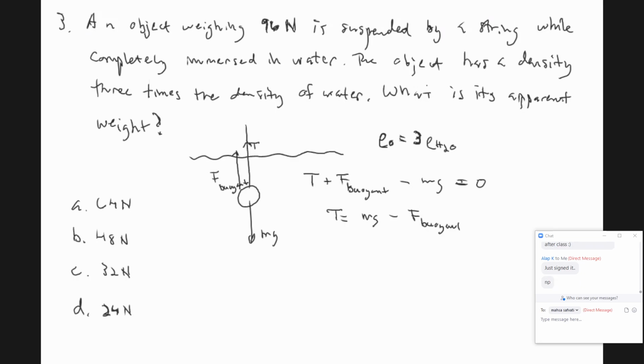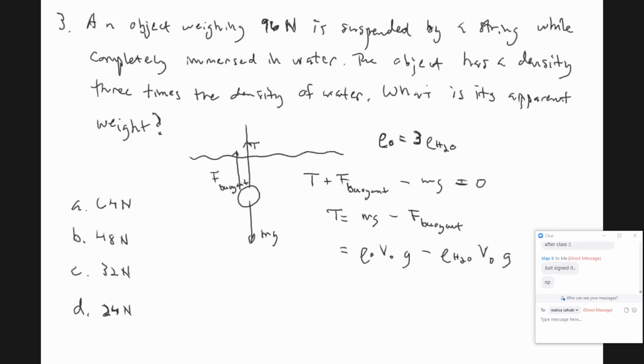the buoyant force. So if we write it out, mg is simply the density of the object times volume of the object times gravity, minus buoyant force, which is density of the fluid medium, in this case, density of water, times the volume of the object, because that's how much volume of fluid was displaced, times gravity.